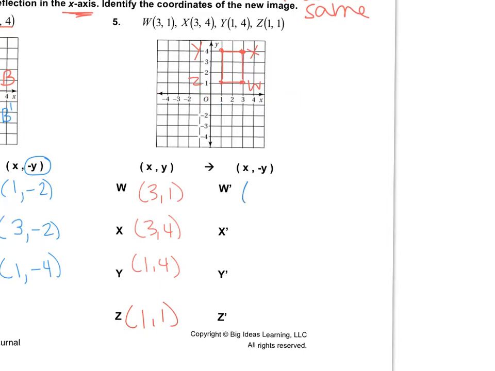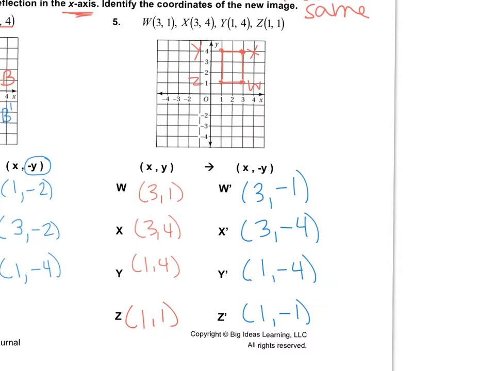So we're going to take all the x coordinates and keep them the same. So it will be 3, 3, 1, and 1. The y coordinates just get multiplied by -1. So 1 goes to -1, 4 goes to -4. Again, 4 goes to -4, and 1 goes to -1. Realize if you started with a negative number, it would end up going to a positive number.